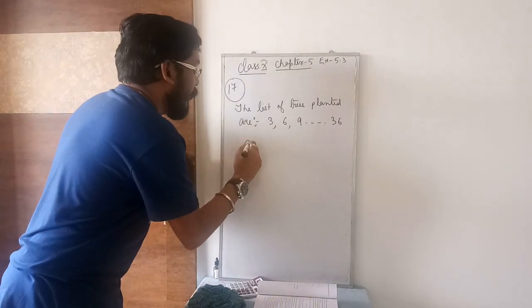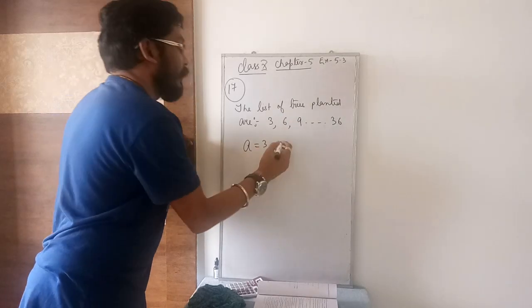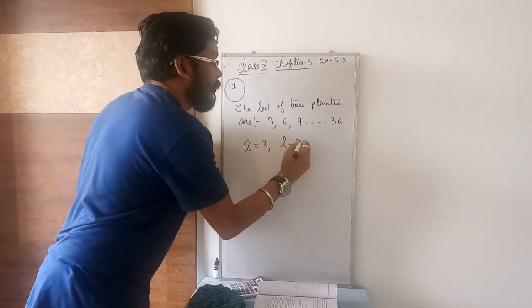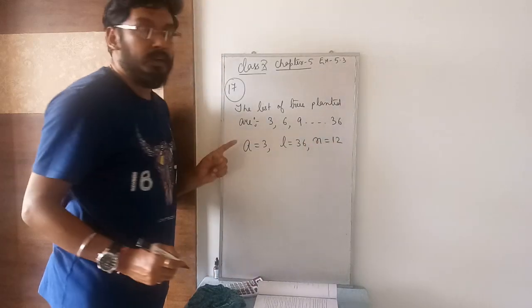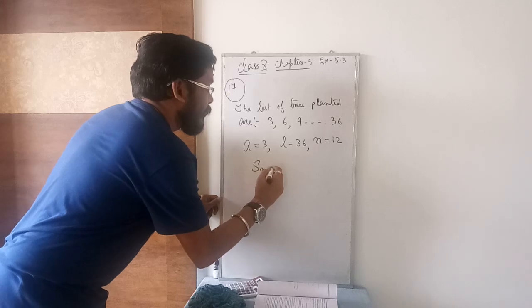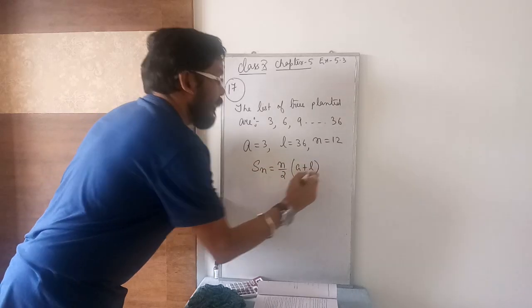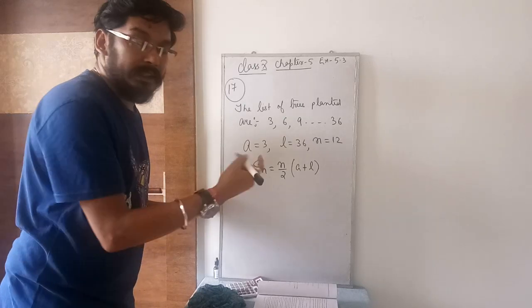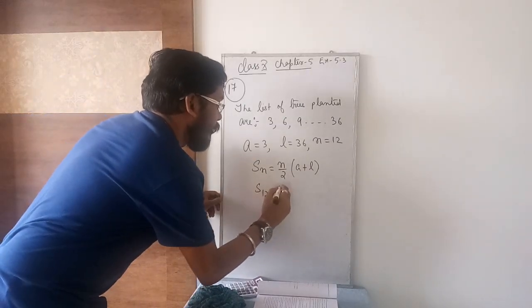So here a is your 3. You can use the shortcut. l is your 36. Number of classes is 12, because if you take records 1 to 12, so 12 classes. If you find the sum of trees planted, you can go for the shortcut formula n by 2 into a plus l. You can go for the other formula also. So it is S12. Why 12?